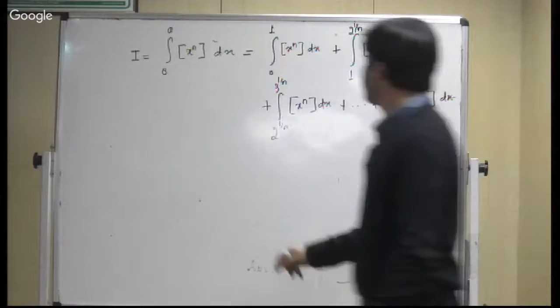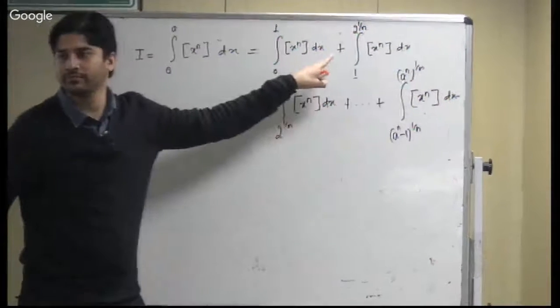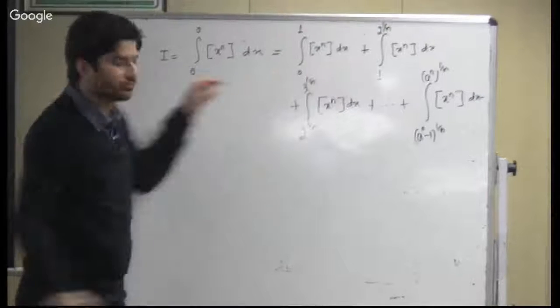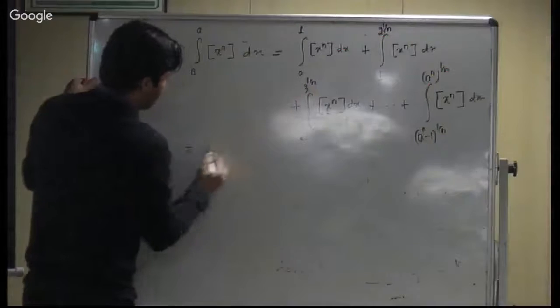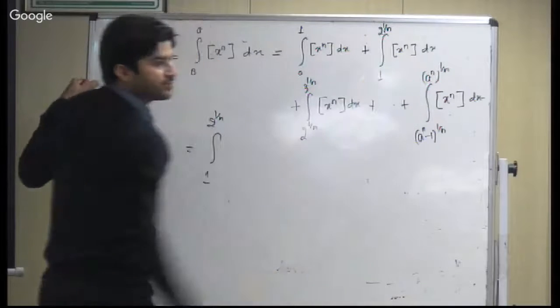Now tell me, what will be 0 to 1? 0, so it will go off. 1 to the power 1 by n, it will be 1.